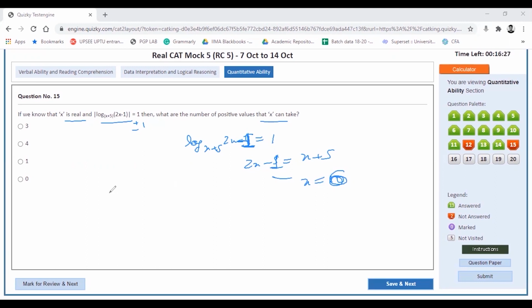Great. Taking it to be minus 1, then I would have 2x minus 1 is equal to 1 upon x plus 5.